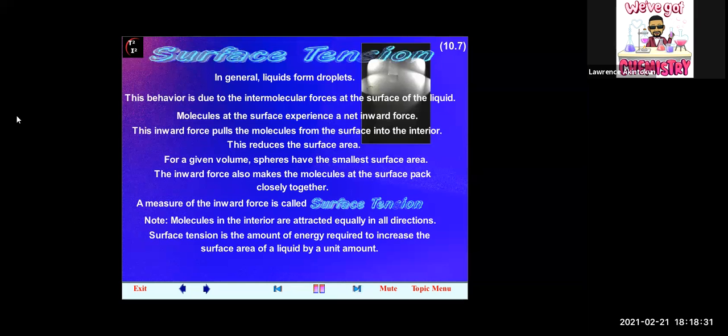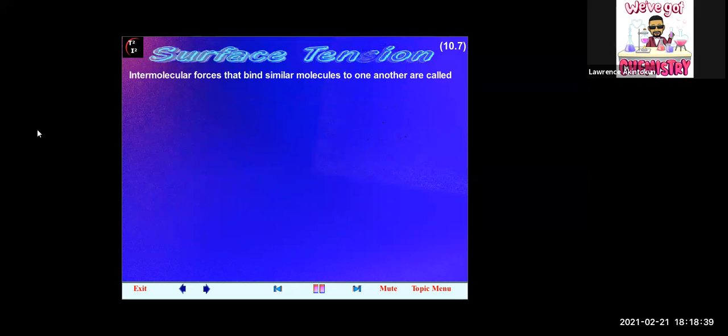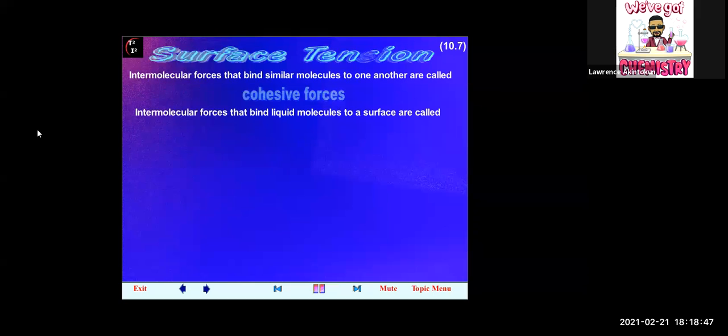Surface tension is the amount of energy required to increase the surface area of a liquid by a unit amount. Intermolecular forces that bind similar molecules to one another are called cohesive forces. Intermolecular forces that bind liquid molecules to a surface are called adhesive forces.